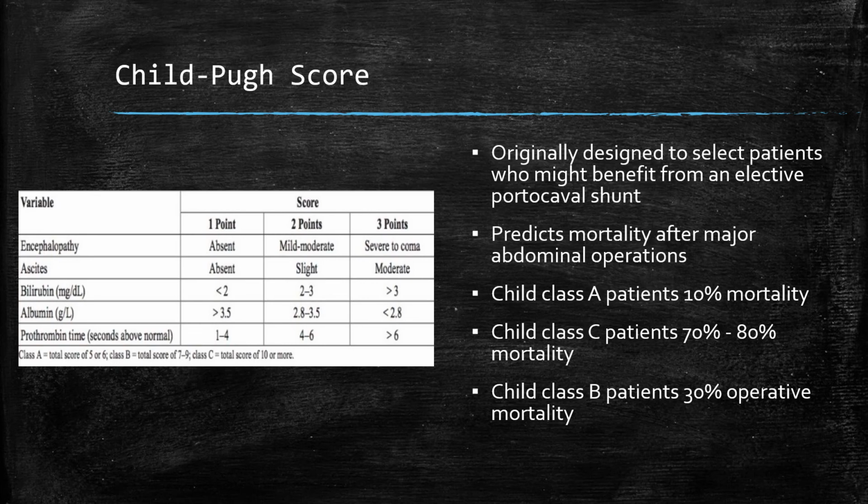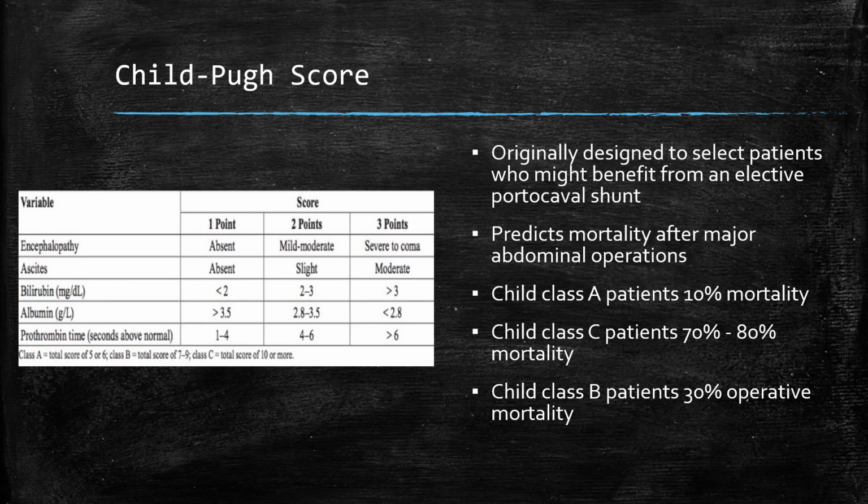In general surgery, the Child score is useful because it does predict overall mortality after major abdominal operations. A Child class A patient has about a 10% mortality after an intra-abdominal procedure, whereas a Child class C patient has a prohibitive risk at 70 to 80% mortality.